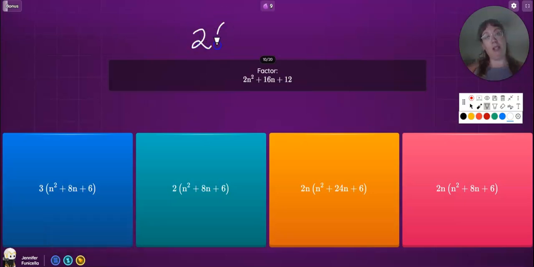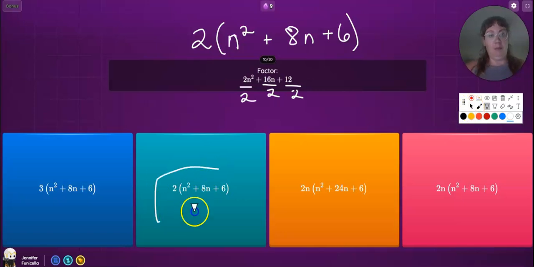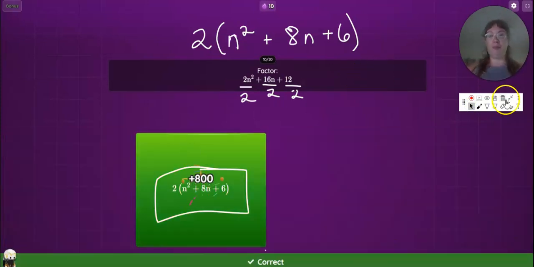So we can factor out a 2, and then we're left with n squared plus 8n plus 6. And again, just remember when we factor out that GCF, we're just dividing every term by 2. We're doing like reverse distribution. So there's our answer for number 10, making us officially halfway through.